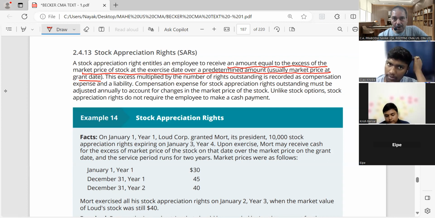Compensation expense for stock appreciation rights outstanding must be adjusted annually to account for changes in the market price of the stock. Unlike stock options, stock appreciation rights do not require the employee to make a cash payment.